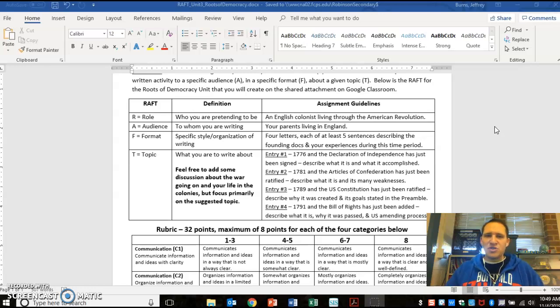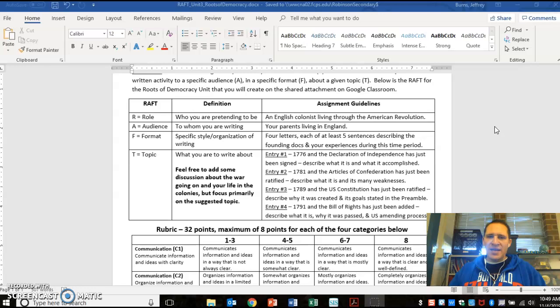You're probably someone on the younger side, not an older colonist, because your parents are still living in England and you're writing to them. All 4 letters are going to be back to your parents living in England. Maybe you have other family members there as well, siblings, aunts, uncles, cousins, whatever. But you're writing to your parents back in England.